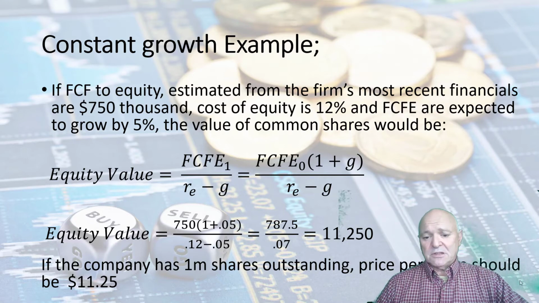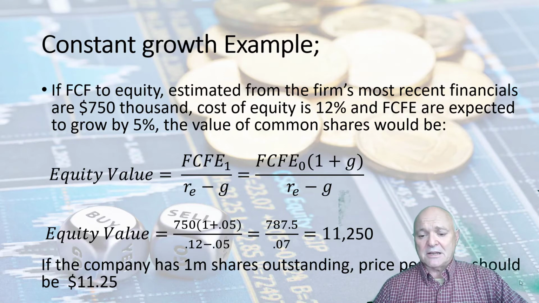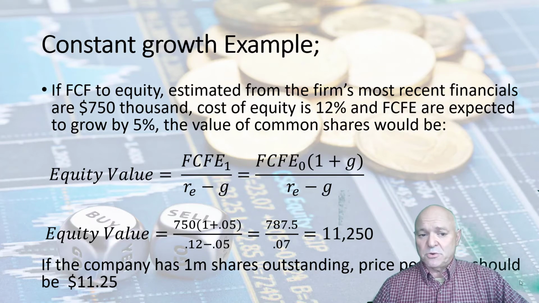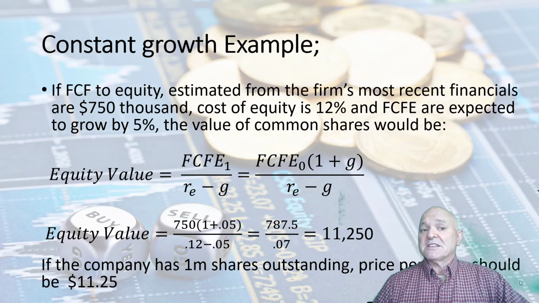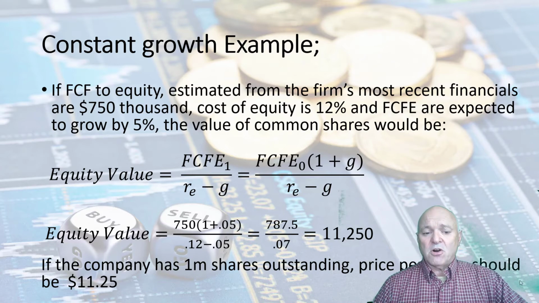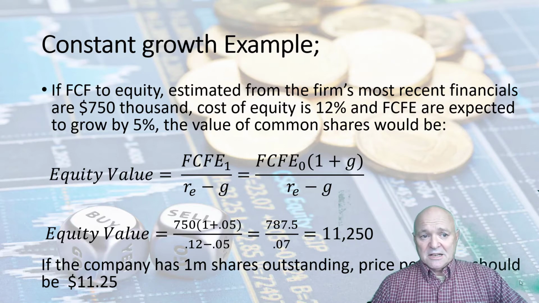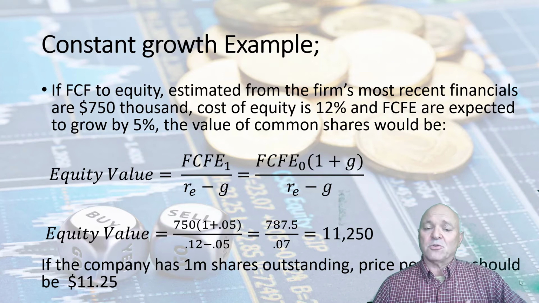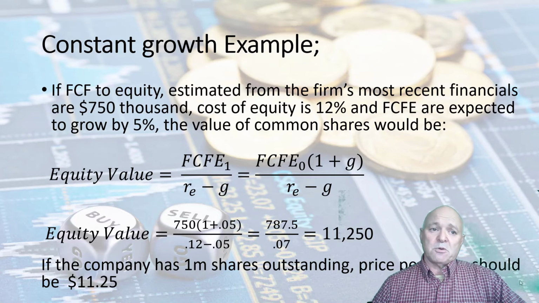So 787.5 divided by 7% gives us a total equity value of $11,250,000. If the company has 1 million shares outstanding, on a per share basis that would be $11.25. So if we saw that the company had an actual share price of $10 and the intrinsic or expected value of the company is $11.25, this looks like it would be a good buying opportunity.